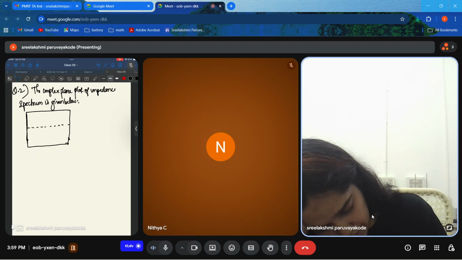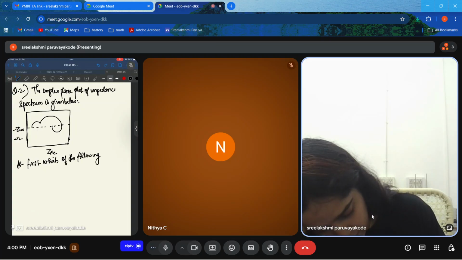And your circuit is something like this, with minus Z imaginary on the axis. So the question is, which of the following circuits should one employ to model the spectrum?